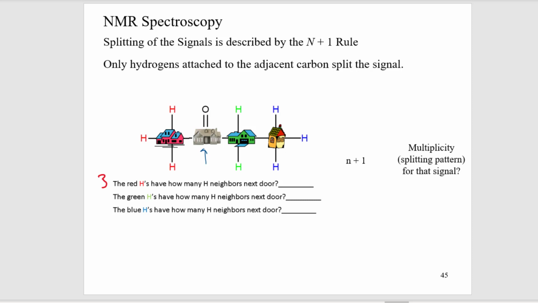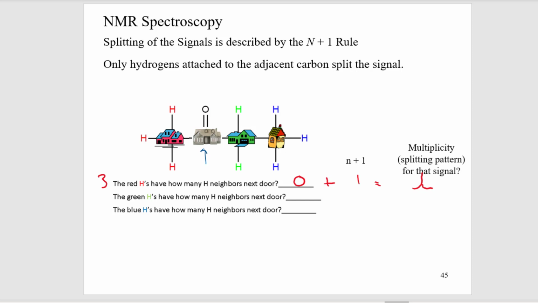There's only one house next door to the red hydrogens. And living in that house, this is a zombie home because no hydrogens are living there, so it looks empty. 0. Nobody's there. So the red hydrogens have how many neighbors next door? None. So when we apply the n+1 rule, 0 plus 1 gives us 1, which means the splitting pattern is going to be a singlet.